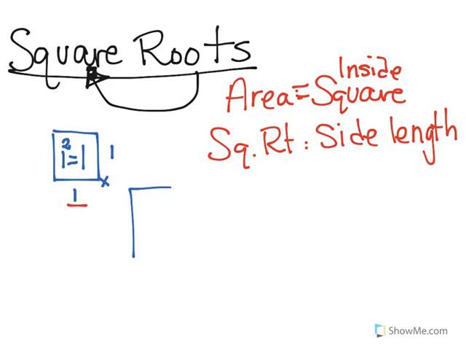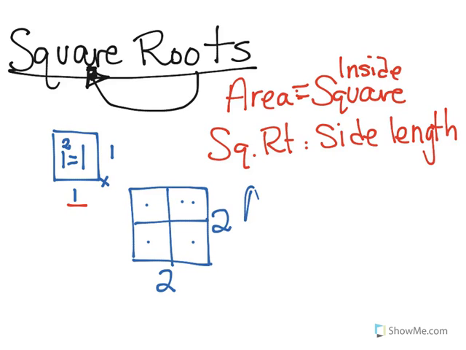For example, in this problem, I have how many squares? I have 4. My side length is 2 by 2. So my area is 2 times 2, which is the same as saying 2 squared, and that's equal to 4, because I have 4 squares on the inside.